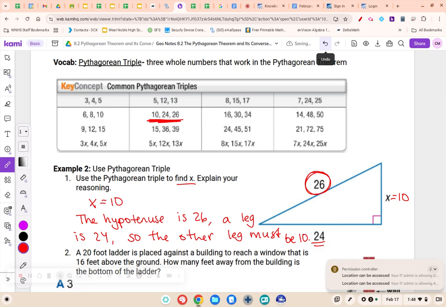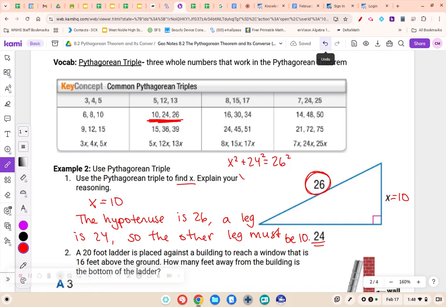Now, I can actually check that if I wanted to with just the Pythagorean theorem. Like I said, you don't necessarily have to memorize this. If you want to, you can just do the math every time. You do get that missing side length is 10.